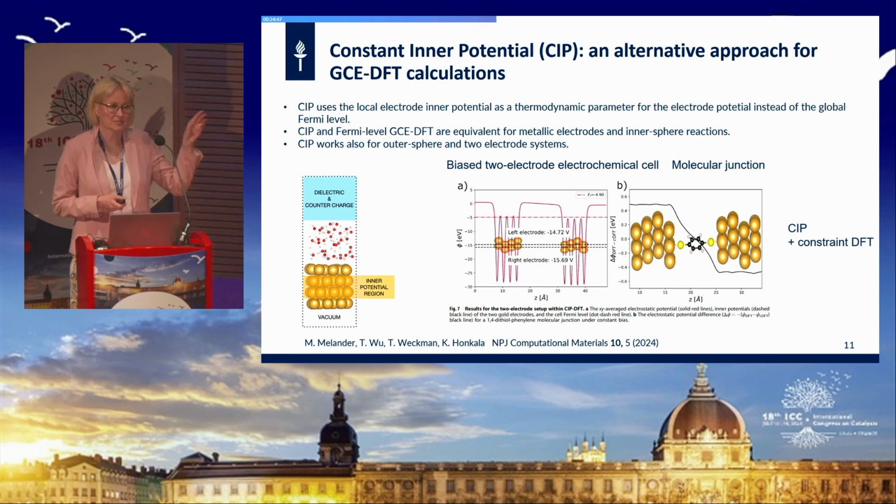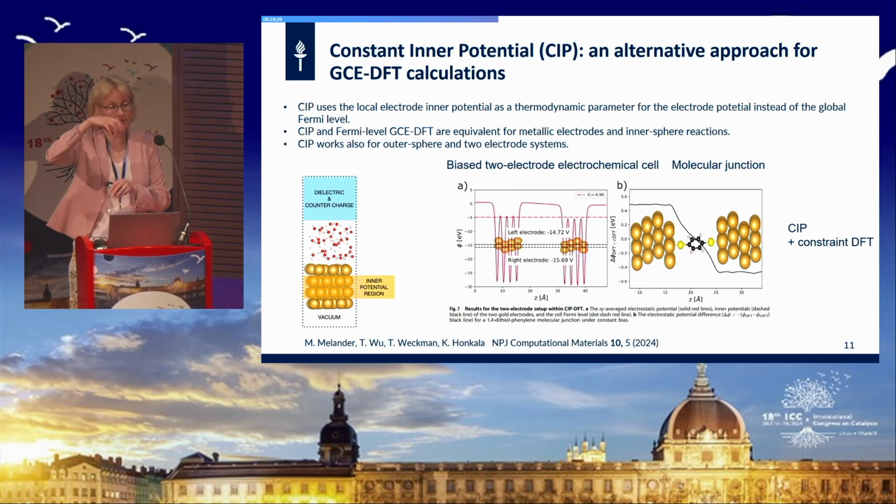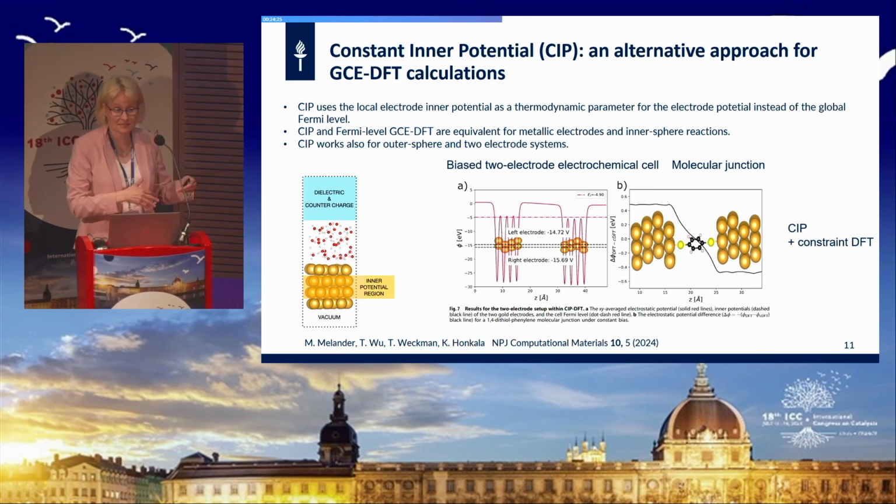But this is what the SIP approach can do, as well as looking at molecular junctions or outer sphere reactions where you have an outer sphere complex on, let's say, a metal surface. The electrode potential should be the metal surface electrode potential, but the Fermi level easily lies in an outer sphere complex. And then it doesn't mimic the experimental situation.